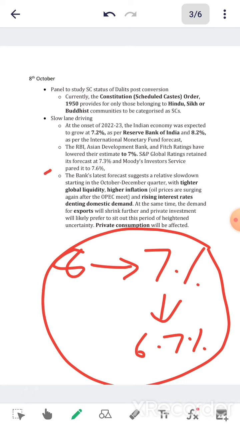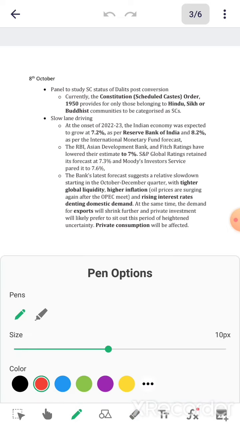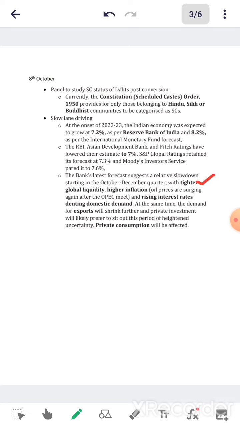The reasons are very important from the mains perspective and from the prelims perspective, in which they will frame MCQs. The first reason is tighter global liquidity. So what do we mean by this? There are the banks.